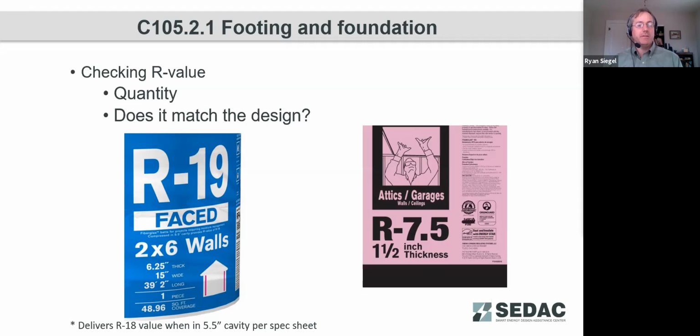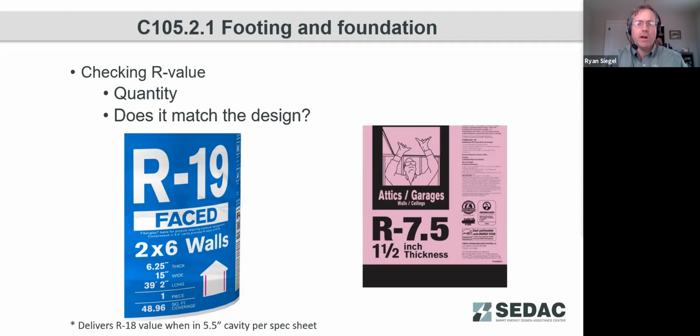So if you take this 6¼ inch thick batt and place it into the 2x6 wall that's 5.5 inches in cavity, that R19 is actually decreased down to an R18. So it may be such that what is printed on the face of the batt may not be the correct value as it is installed.